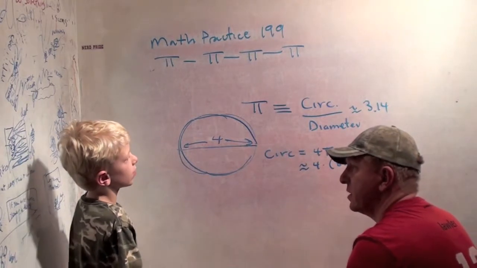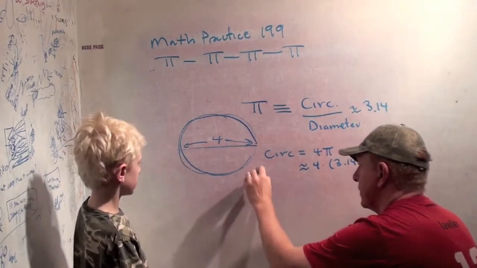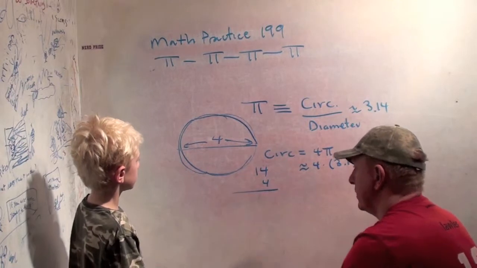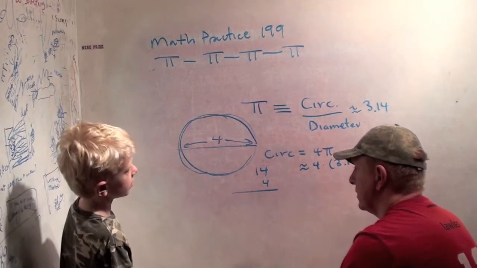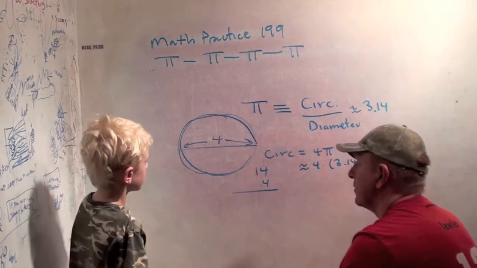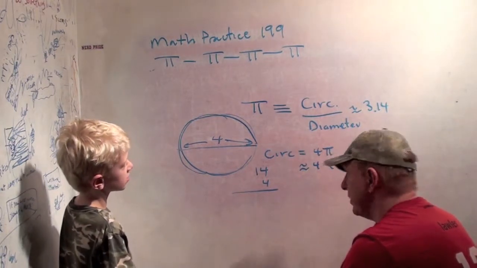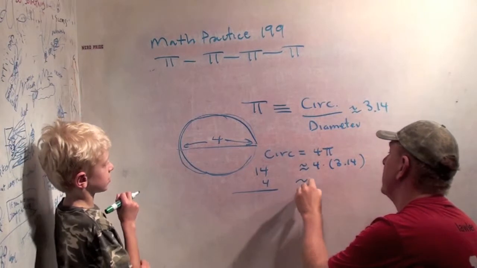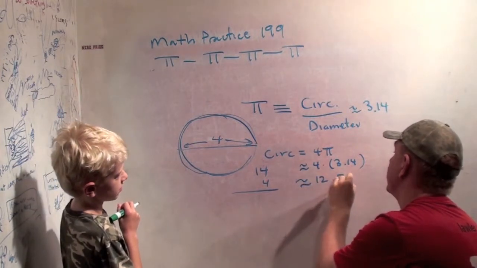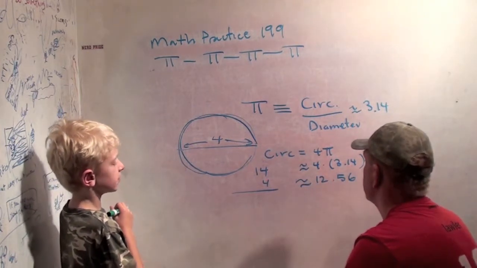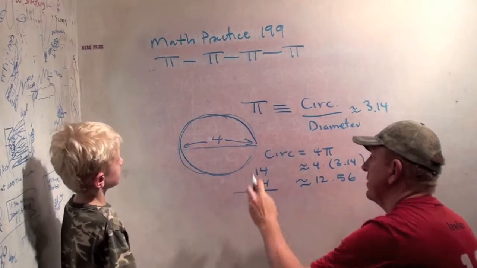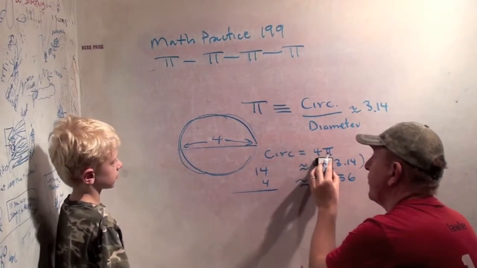Can you figure that out? 56? Very good. So this is about 12.56. Okay, around. But that's okay, we'll just say 4 pi.